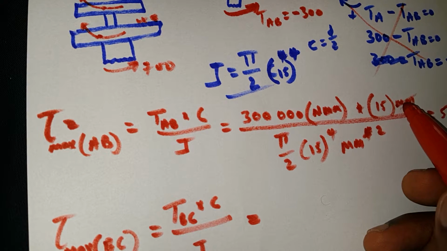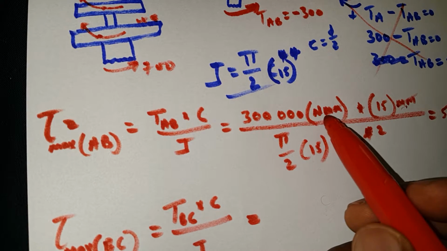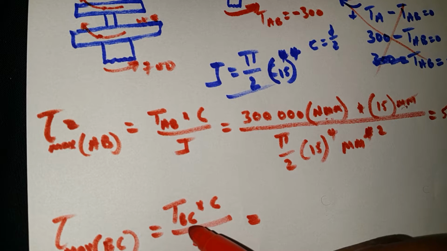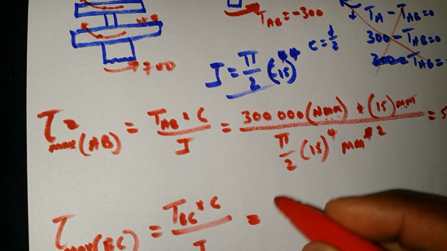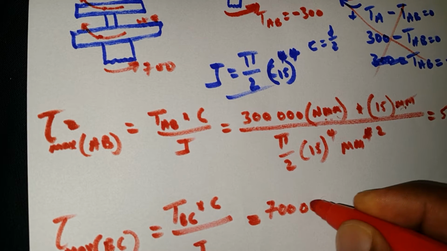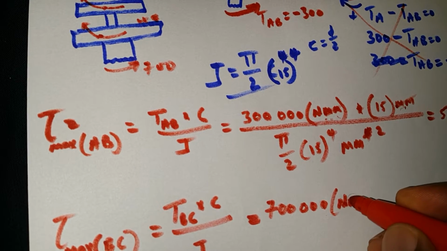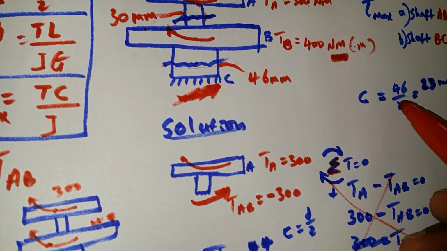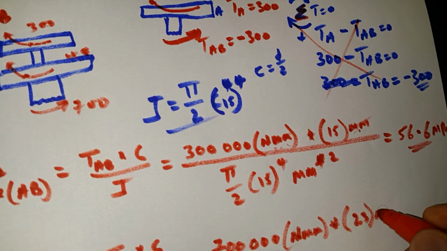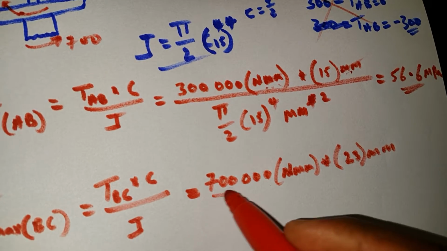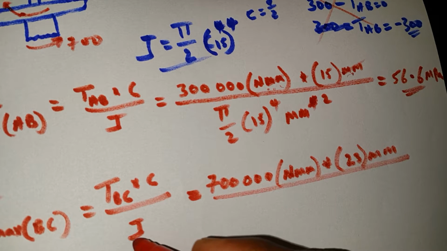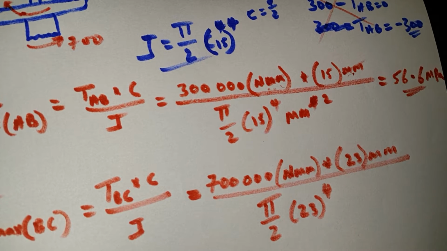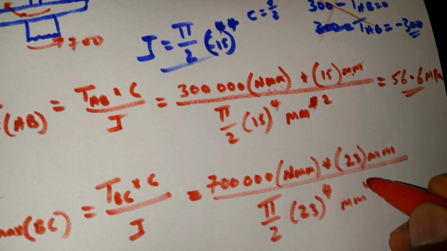Remember what we did here? We have our C in millimeter, so you have to multiply by 1000 to have our T also in millimeter. So our 700 multiplied by 1000 in Newton millimeter, multiplied by our C, which we found as 23 millimeter, divided by J. J is pi over 2 times 23 to the 4th millimeter to the 4th.